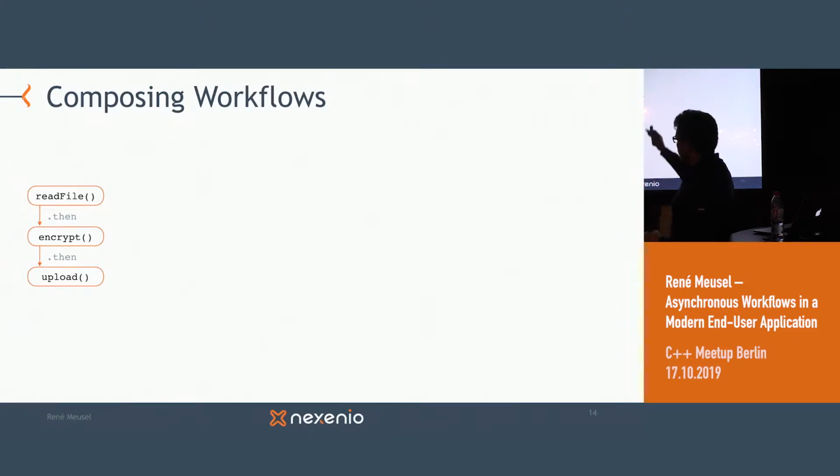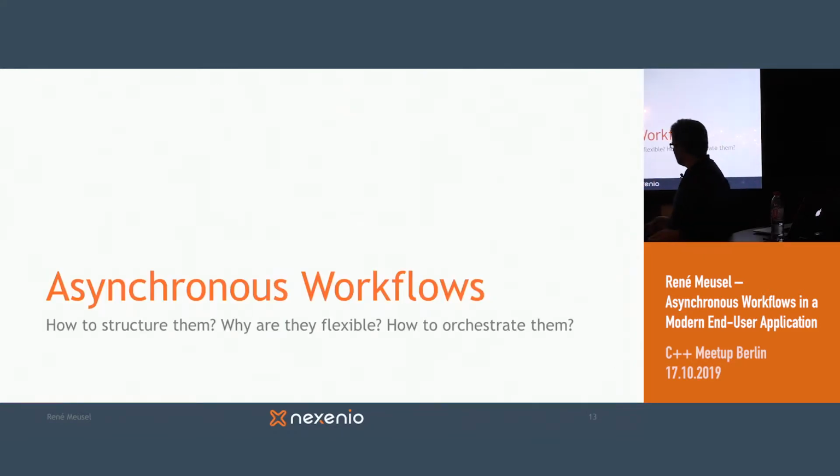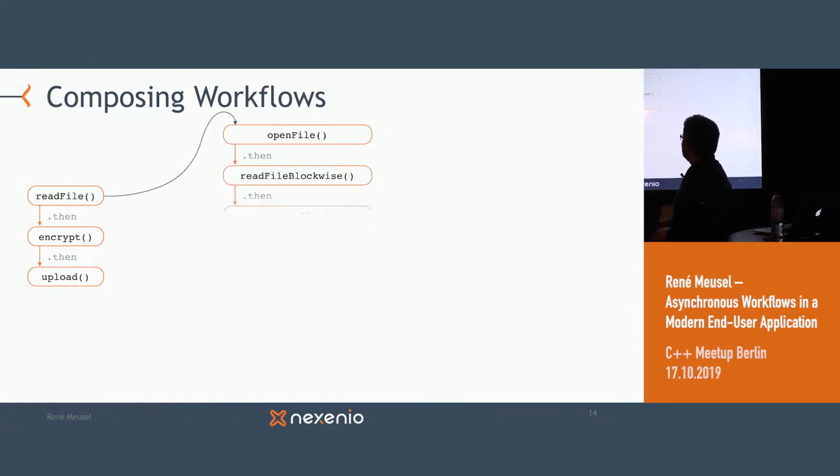Anyway, let's go back to this tiny workflow that we talked about, and I can imagine that each of those steps is complicated enough to look deeper into. So if we want to read a file, we might need to open it, which might already be an asynchronous thing. Then we might want to read it blockwise because it is big, and then aggregate it into one buffer.